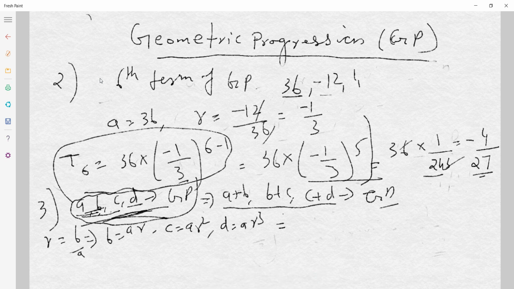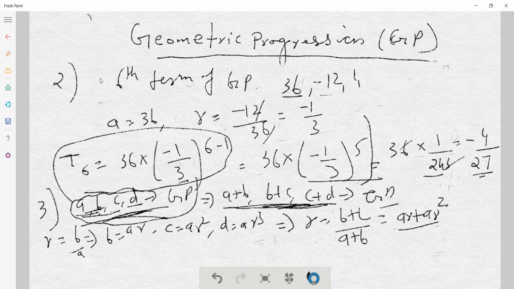Now we compare the value of R with B plus C over A plus B. That equals AR plus AR squared, divided by A plus AR.